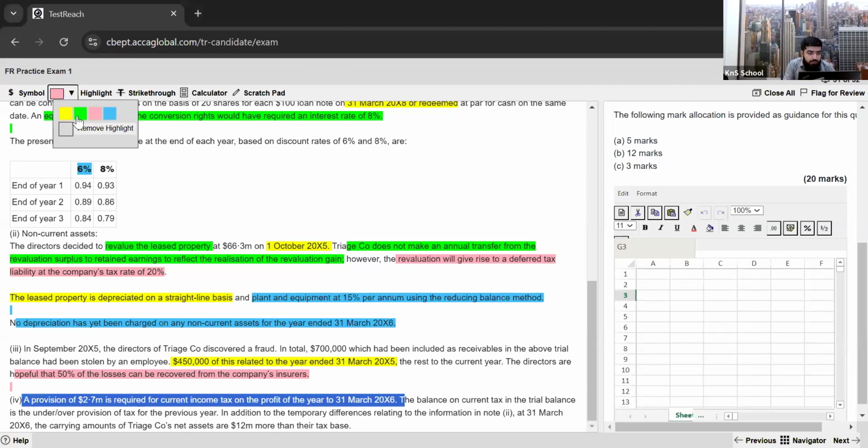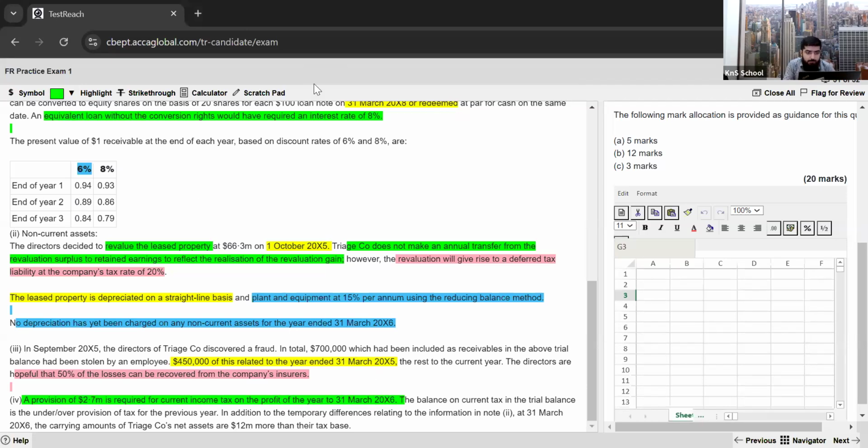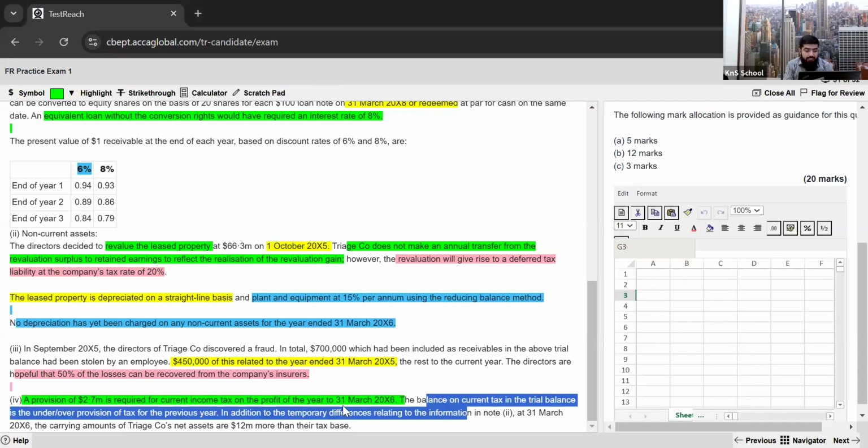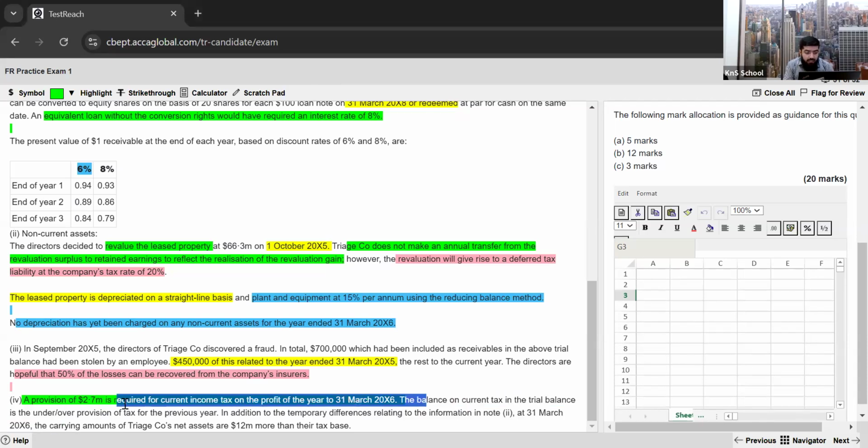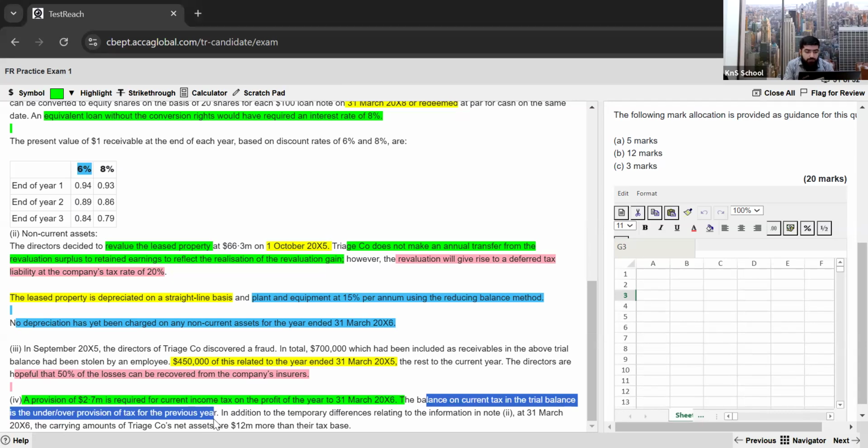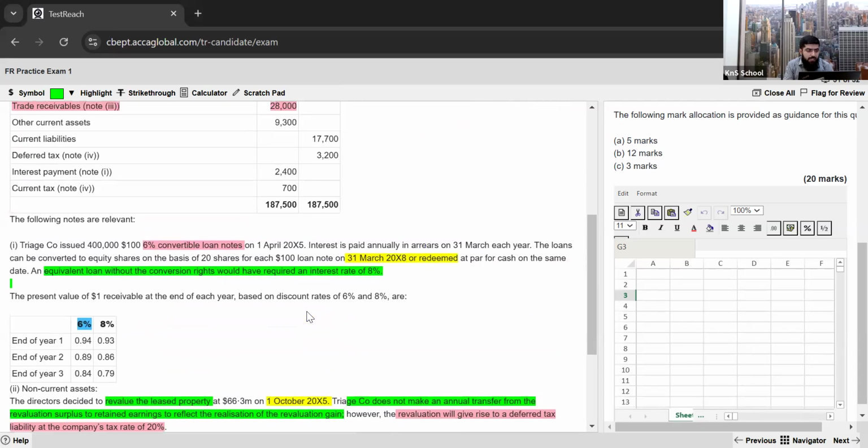Can any one of you relate this? What is this information given? Yes, Fatma, very good. Yes, Hamza, it's the current tax which is given in the question. Daniel, very good. The balance on the current tax in the trial balance is the under or over provision of the previous year. Here we go.